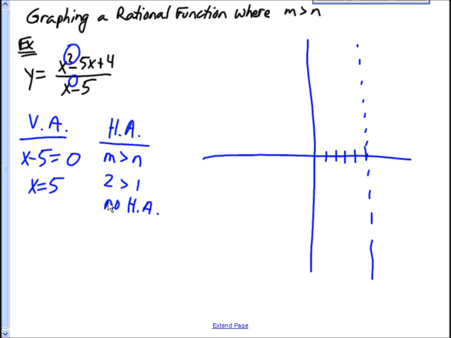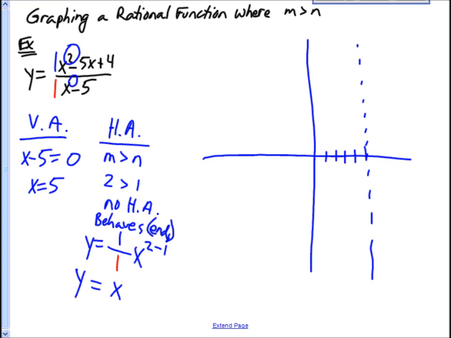It does at the endpoints behave like a sub m, the coefficient in the front, which is 1, over the coefficient of the denominator, which is 1, and then it's x to the degree of the top. Degree of the top is 2, minus the degree of the bottom, which is 1. So this thing is just 1 x to the 1.